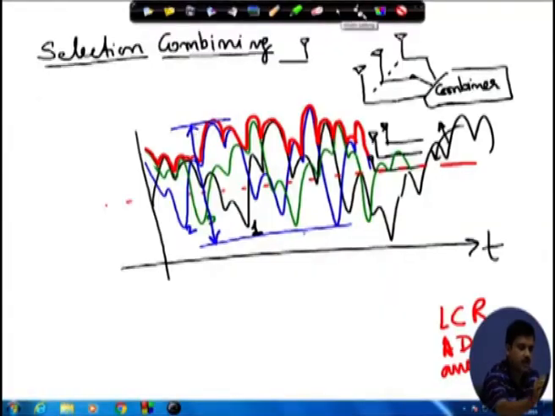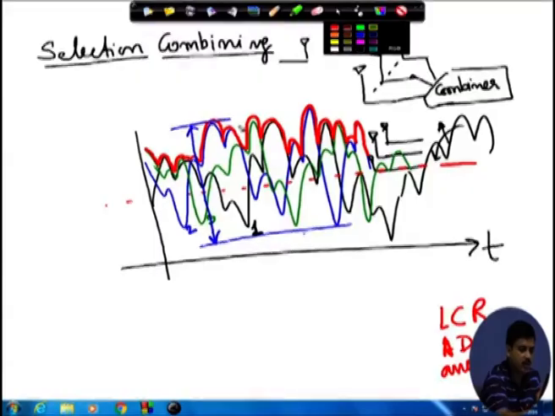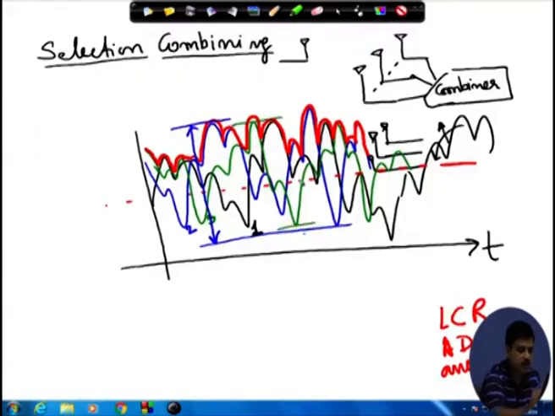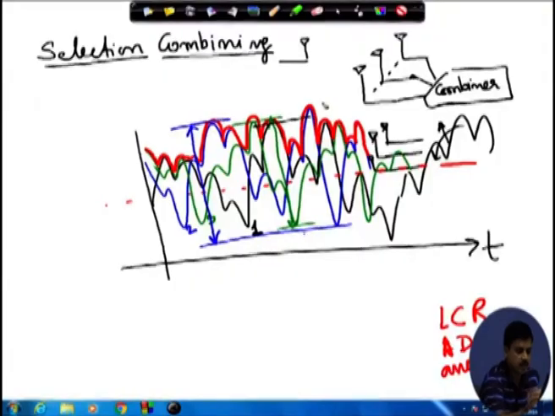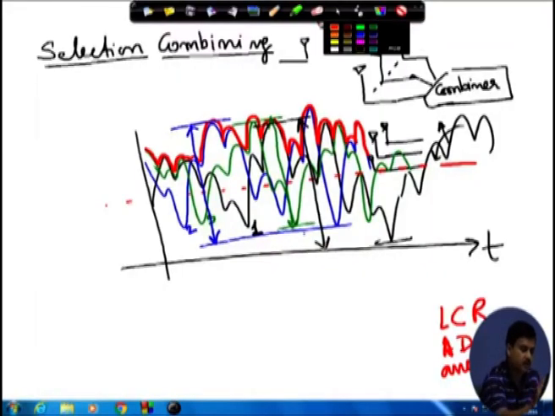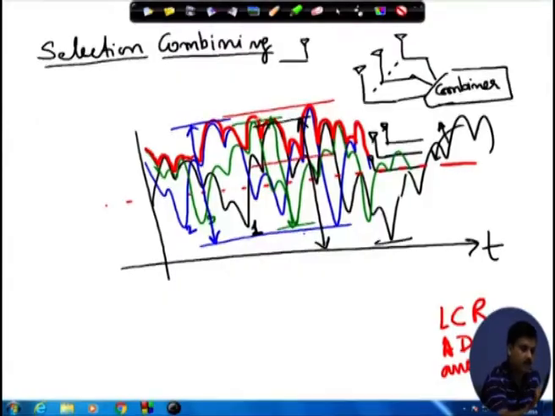If we look at the green signal, the dynamic range is from here till here, almost similar. If we look at the black signal, it is also very similar, at least in this window. Instead, if we compare the dynamic range of the red signal, the max value is somewhere here and the minimum value in this particular picture is somewhere there.